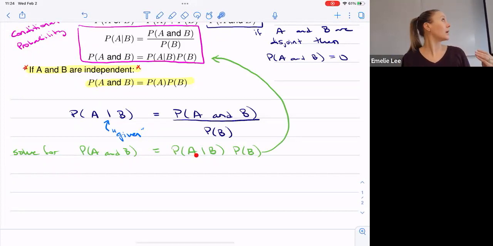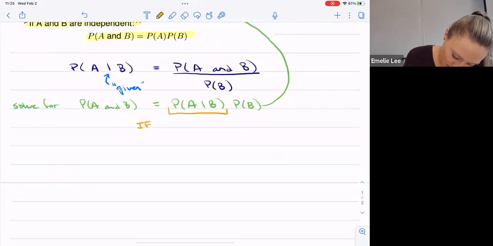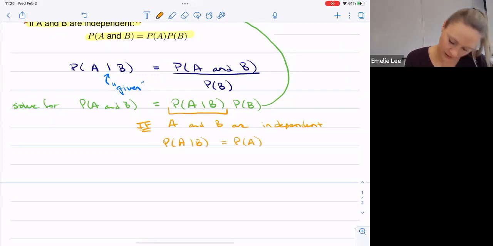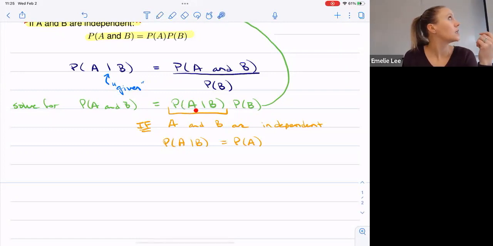So if A and B are independent, then the probability of A given B is just the probability of A, because it doesn't care if B happened or not. And that's where we get the special case: the probability of A and B is the probability of A times the probability of B. But in general, we have to use the conditional probability of A given B times the probability of B.